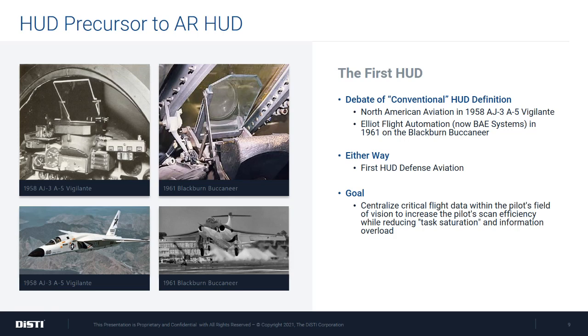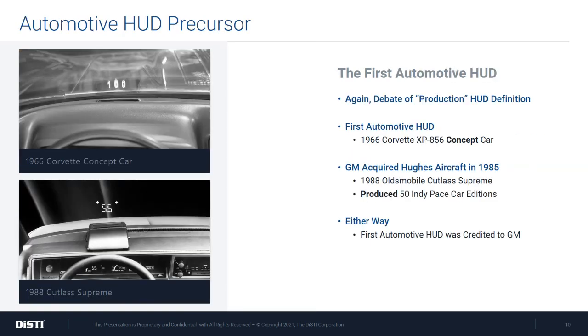So you'll see that these are also pretty prevalent in the automotive goals as well. But when we look at the first automotive HUD, again, this is up for debate based on your definition of what production means. So the first HUD in automotive actually showed up in the 1965 design for the Corvette XP, and then it showed up in the concept car in 1966.